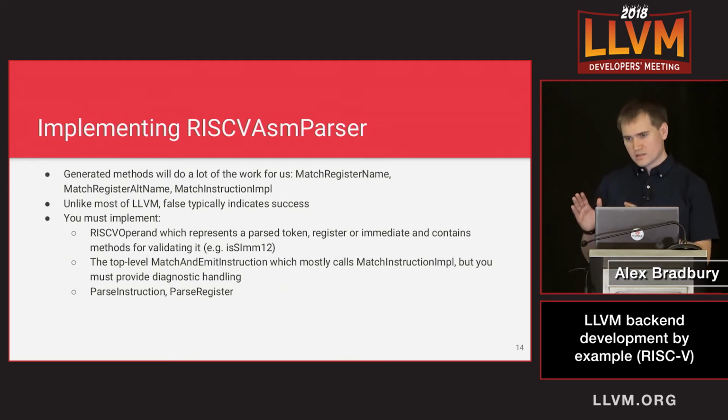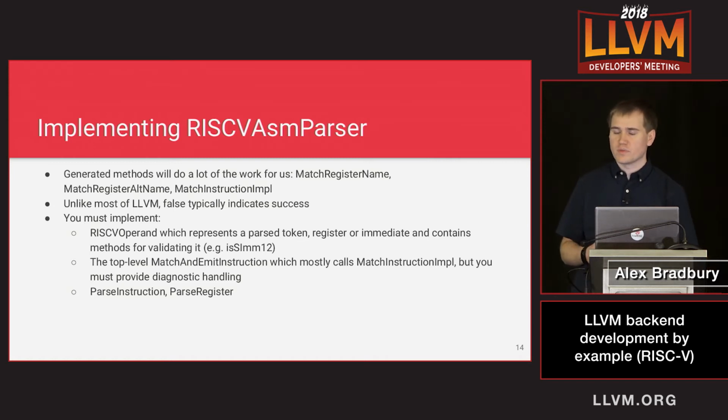So with those definitions, that actually gets you quite a long way there in terms of being able to parse real input, but not all the way there. You have to implement some logic yourself. It's going to generate methods for us which determine whether a register name is correct or not, whether the ABI register names are recognized or not, and which take a parsed instruction and then determine whether it's valid or not.